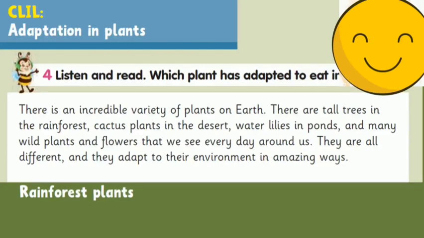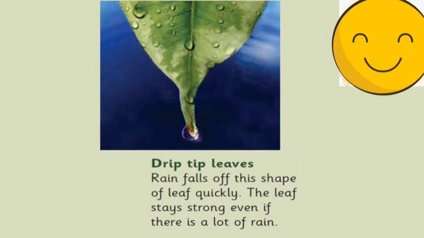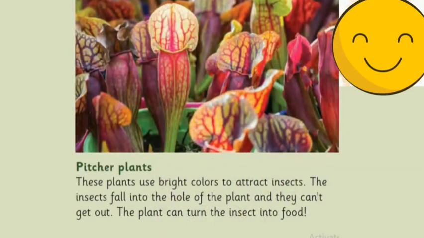Rainforest plants. Drip-tip leaves. Rain falls off this shape of leaf quickly. The leaf stays strong even if there is a lot of rain. Pitcher plants. These plants use bright colors to attract insects.